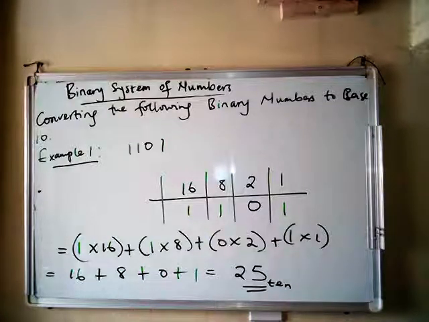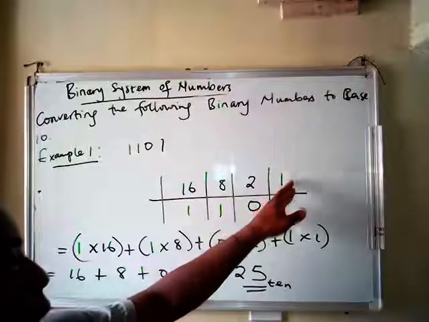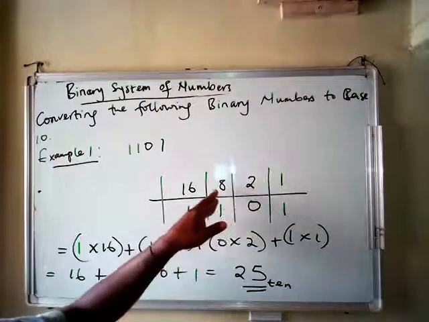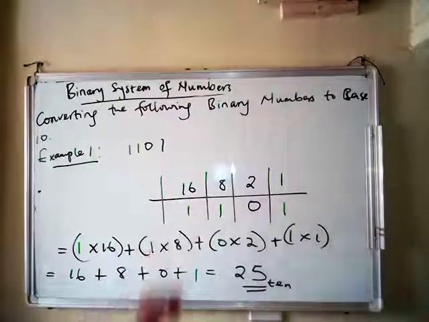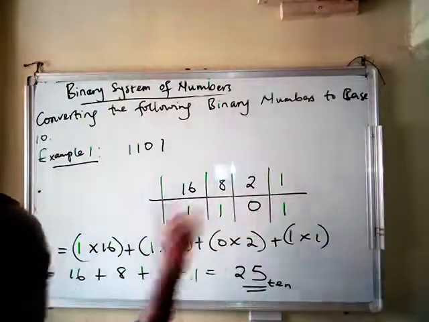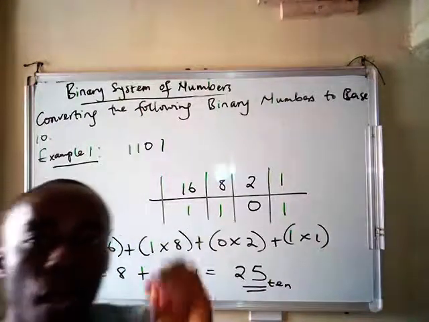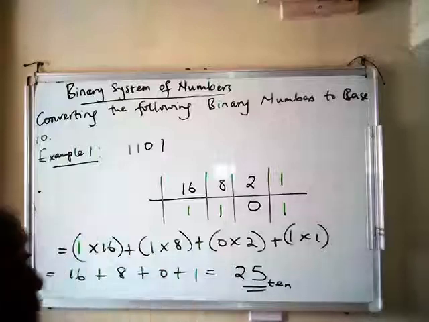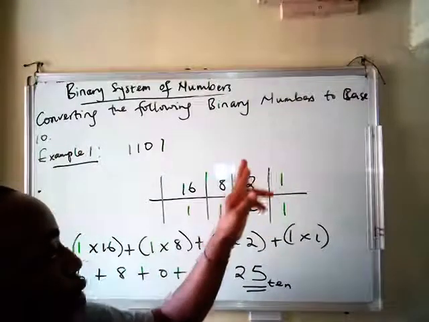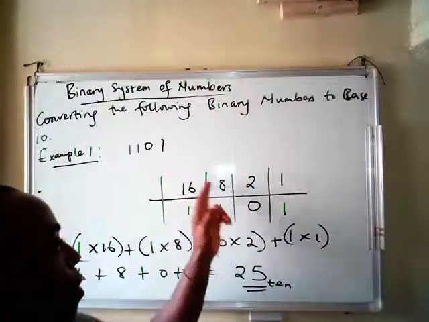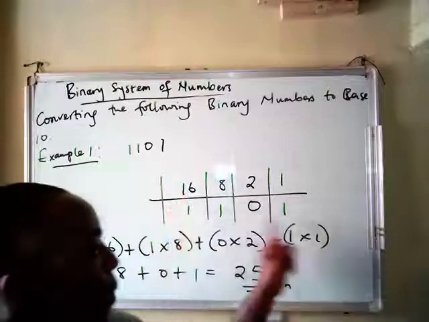Now let's form a table with that. Since we have just 4 numbers, let's not draw a table that is too long. We're just going to leave it like that.